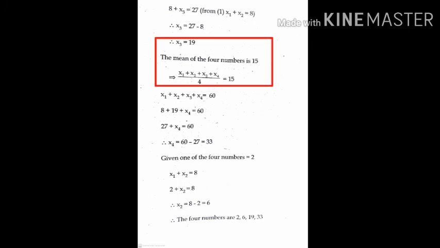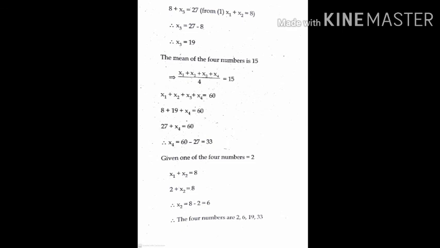The mean of the 4 numbers is 15. (x1 plus x2 plus x3 plus x4) by 4 is equal to 15. That implies x1 plus x2 plus x3 plus x4 is equal to, transposing 4 to the right side of the equation, 15 into 4, that is equal to 60.